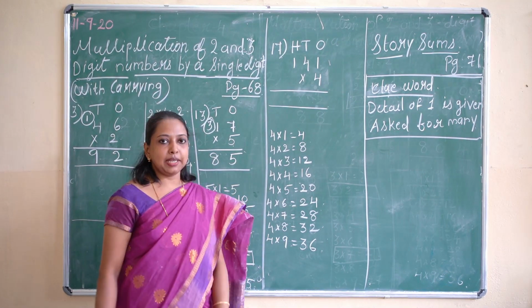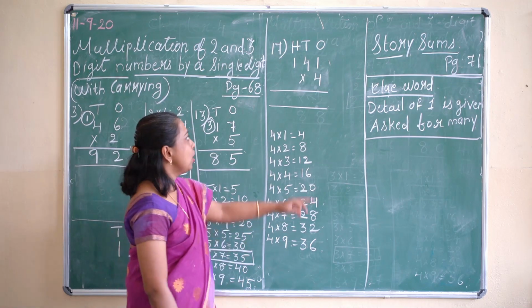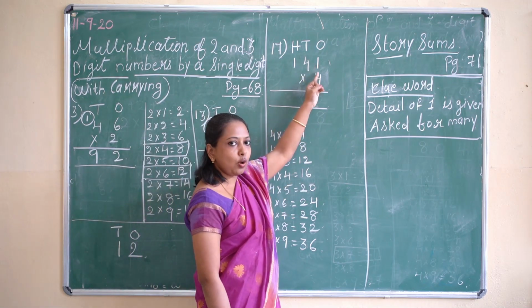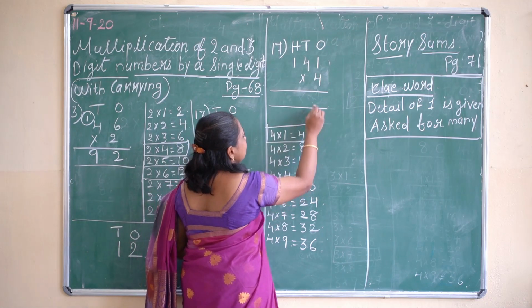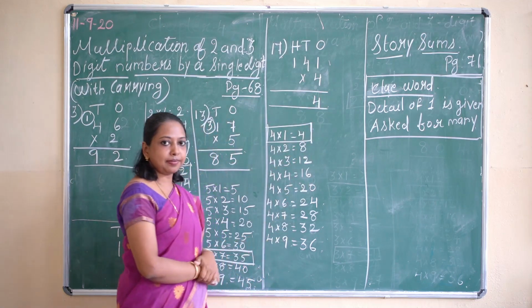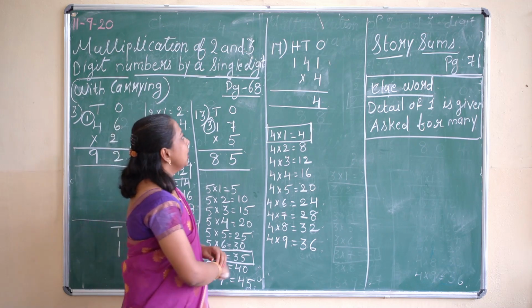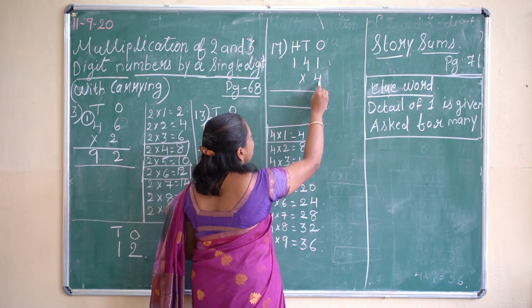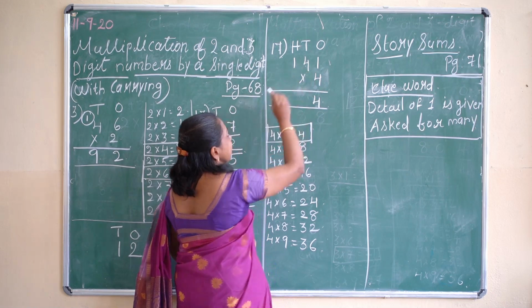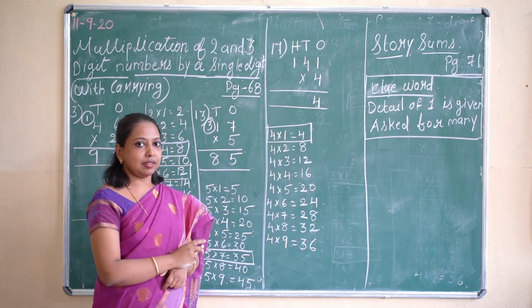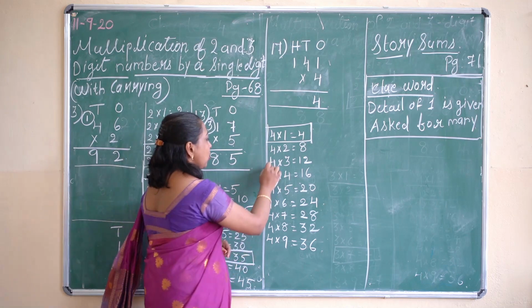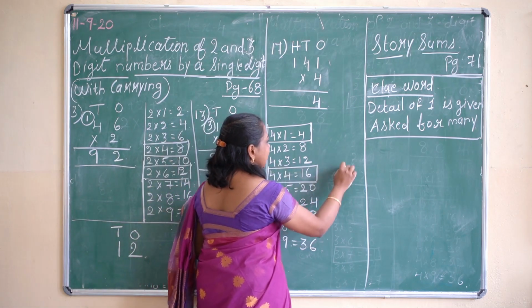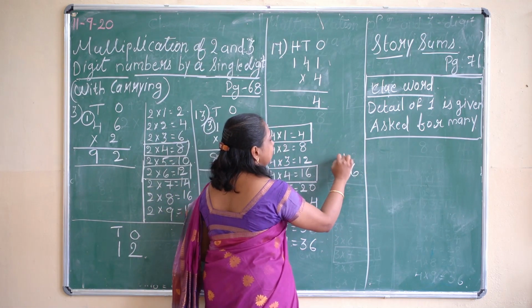We can start the multiplication from the ones place. 4 multiplied by 1. 4 ones are, from the table you got 4 ones are 4. Okay. Now second, 4 multiplied by the digit at the tens place. 4 fours are, from the table you got 4 fours are 16.